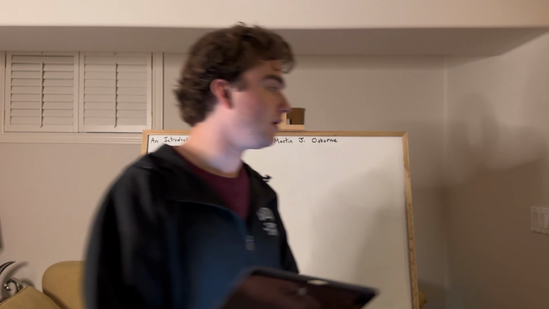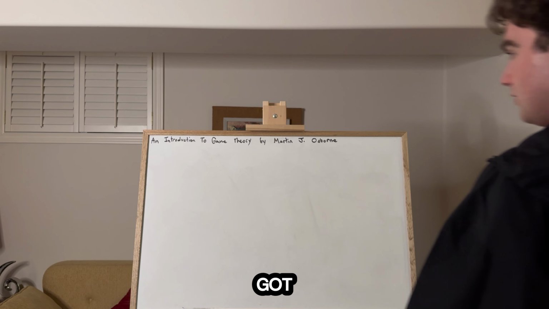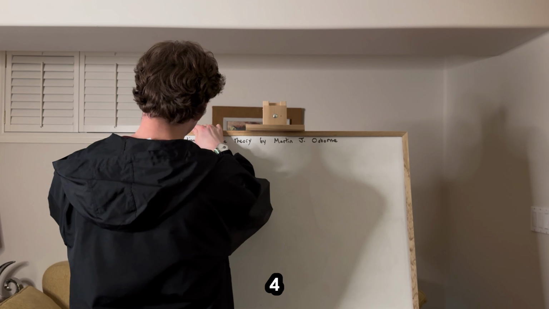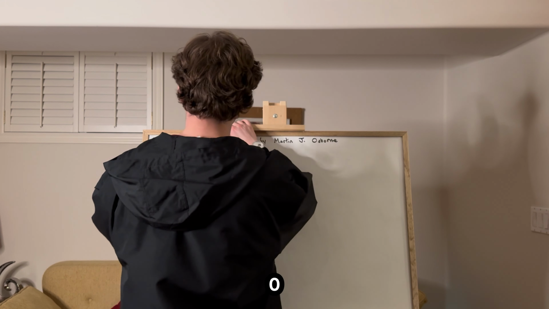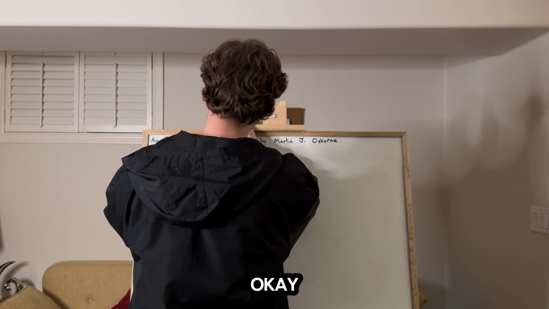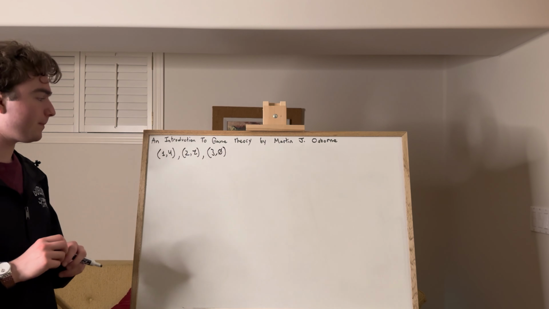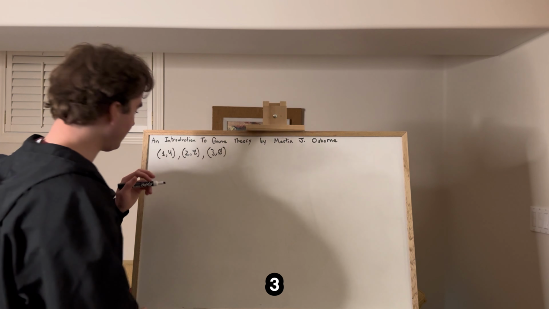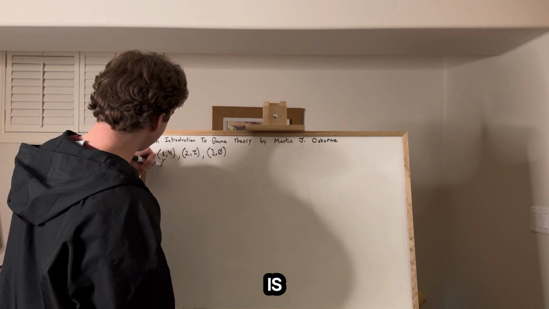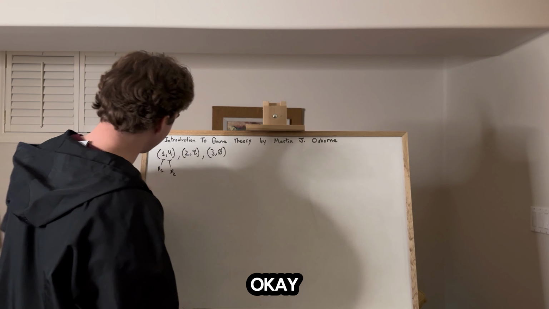Okay, so this is what I do. So you've got (1, 4), (2, 1), (3, 0). These are your 3, and this is player 1, this is player 2, okay?